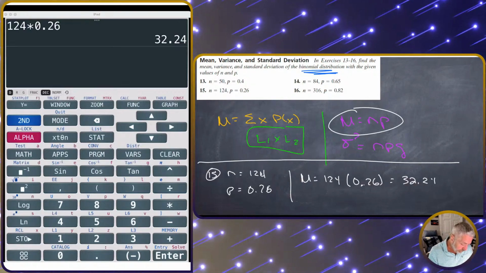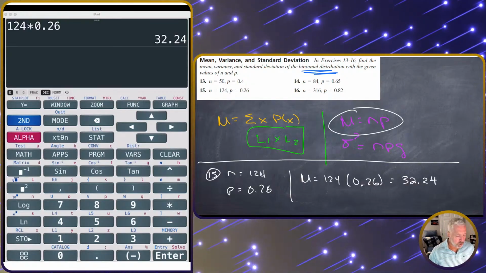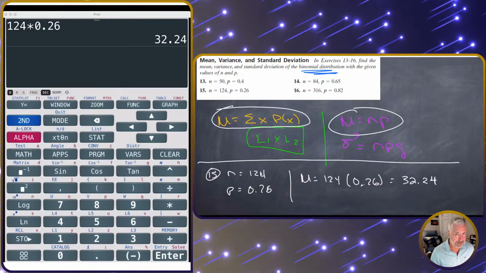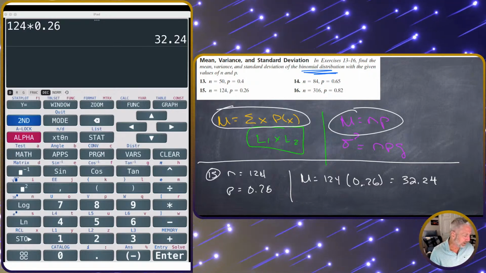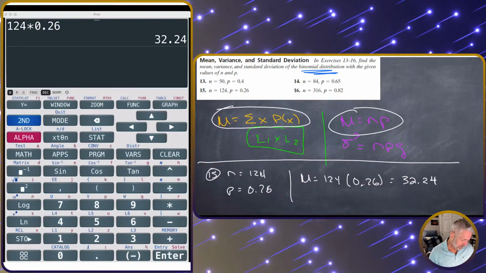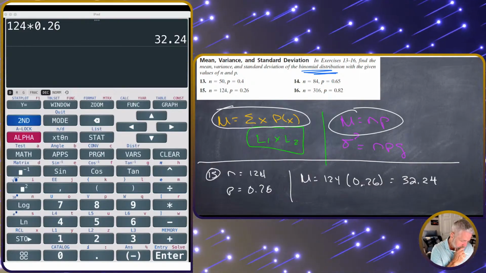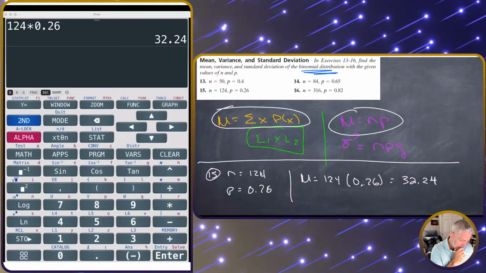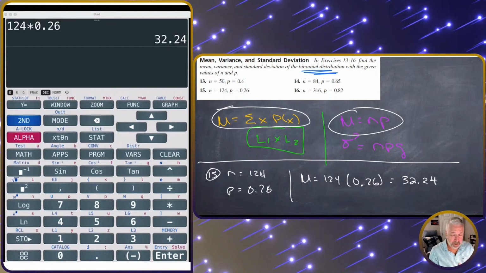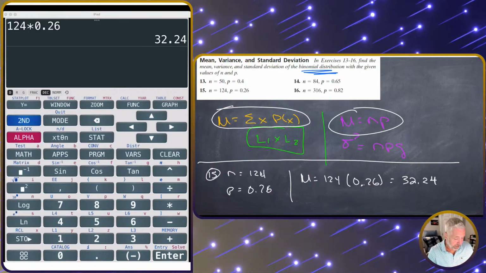Now if I go back and find it the other way, I would have to go into the calculator and enter in the possibilities 0 through 124. I'm not going to do that for this particular one. I've got another example where I don't have to put in as many and mess around with the calculator as much.